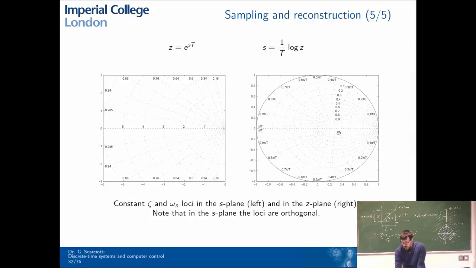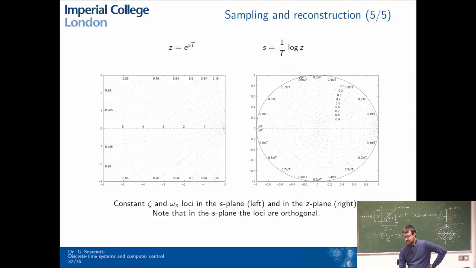So why is this interesting? Well, this is interesting because we can see that one characteristic is preserved when we go from this plot to this plot. If we look at these two lines, the diagonal line and the circle, they are intersecting, and in particular, they are perpendicular to each other, okay?